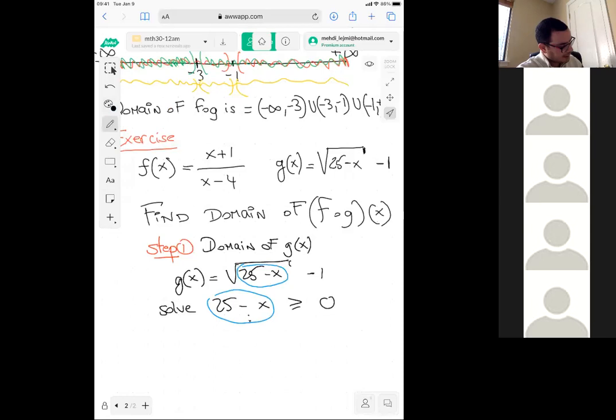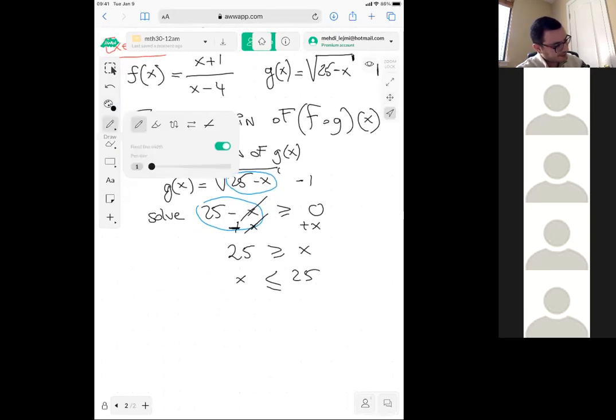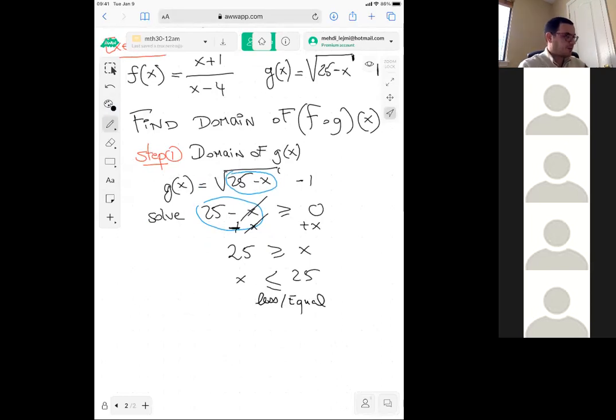All right, so let's solve for x. You can add plus x on both sides. So there will be 25 larger or equal to x, right? So 25 larger or equal to x means that x is less than or equal to 25. For the domain of g, let's say this is 25, x is any number less than 25.